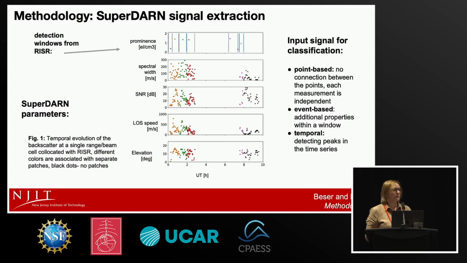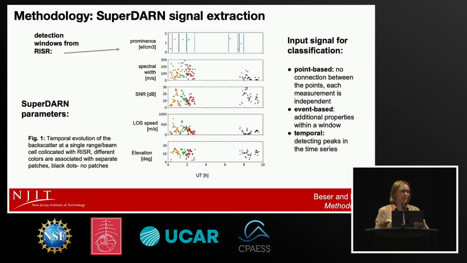So we've actually tested a number of approaches. I divide them into point-based approaches, event-based, and temporal. Basically, in a point-based approach, we take each measurement conducted with SuperDARN and assign it a label based on whether it belongs to a patch detection window from RISR.